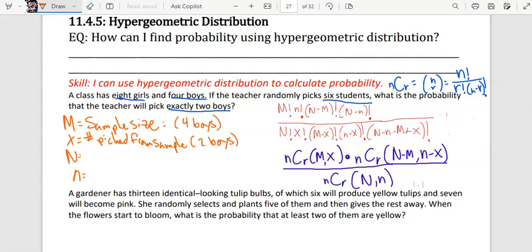And then capital N is the total population, so it's going to be 12 students. And then lowercase n is the number picked from the population. That's 6 students.